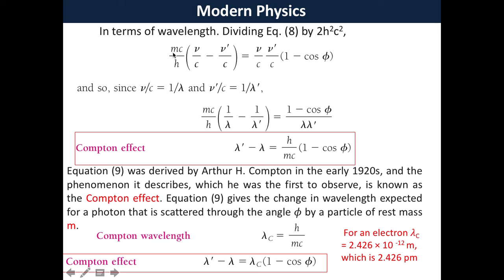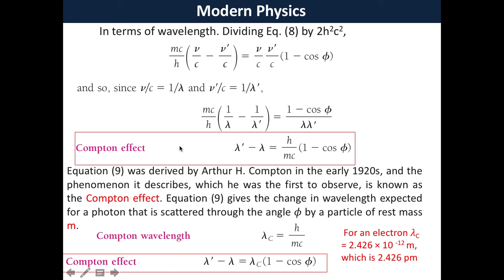So we get mc by h times nu by c minus nu prime by c is equal to nu by c times nu prime by c times 1 minus cos phi. Since nu by c is equal to 1 upon lambda, we can write this equation as mc over h times 1 upon lambda minus 1 upon lambda prime is equal to 1 minus cos phi divided by lambda prime.